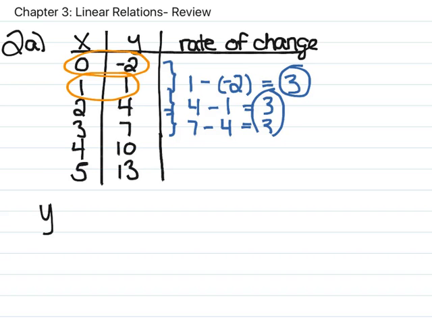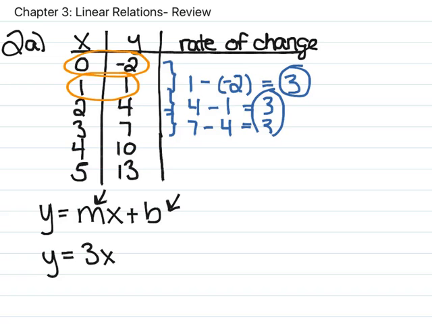You know that y equals mx plus b, where b is your y-intercept and m is your slope. So you just have to sub in to end up with y equals 3x minus 2. It's important to notice that there's a minus here, not a plus, because it's -2.